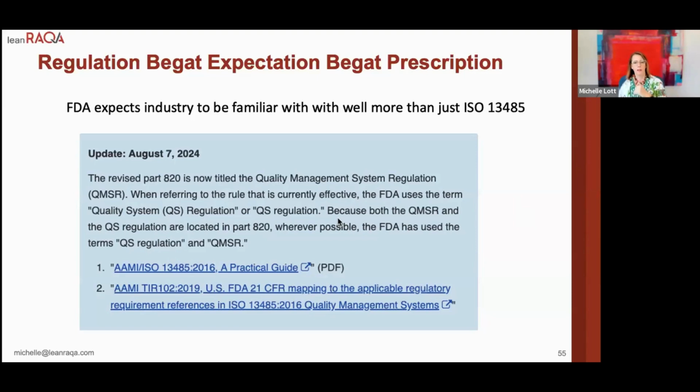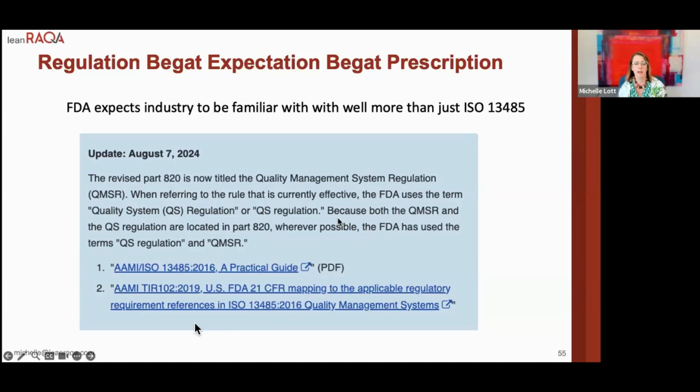And then it talks about, if you want to understand what we're talking about, you need to read the practical guide for the standard, which, by the way, when I purchased it way back, was about $400. The standard is 28 pages long, and the practical guide is 230 pages of interpretation and expectation.